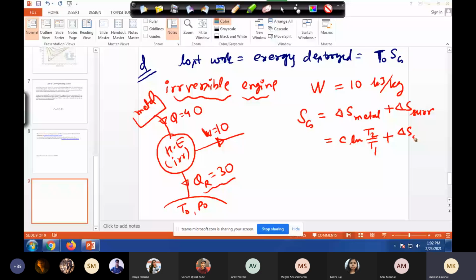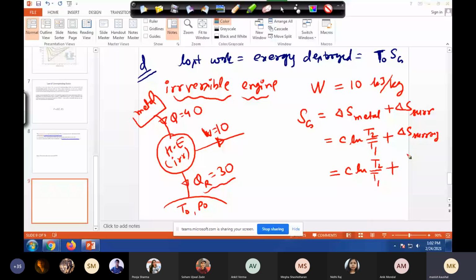That is very easy, since we know that heat transfer is happening reversibly to the environment. So since heat transfer is reversible, we can always calculate delta S surrounding as simply heat given to surrounding, 30 by T0.